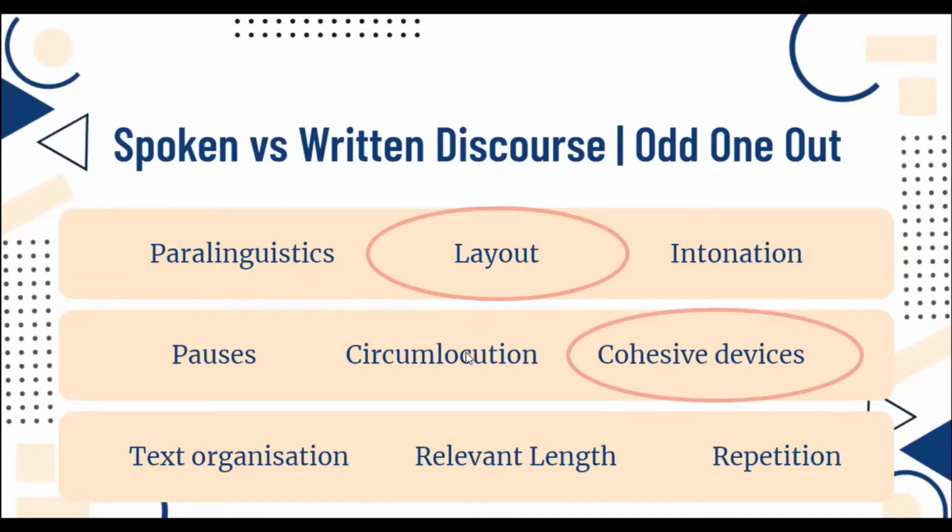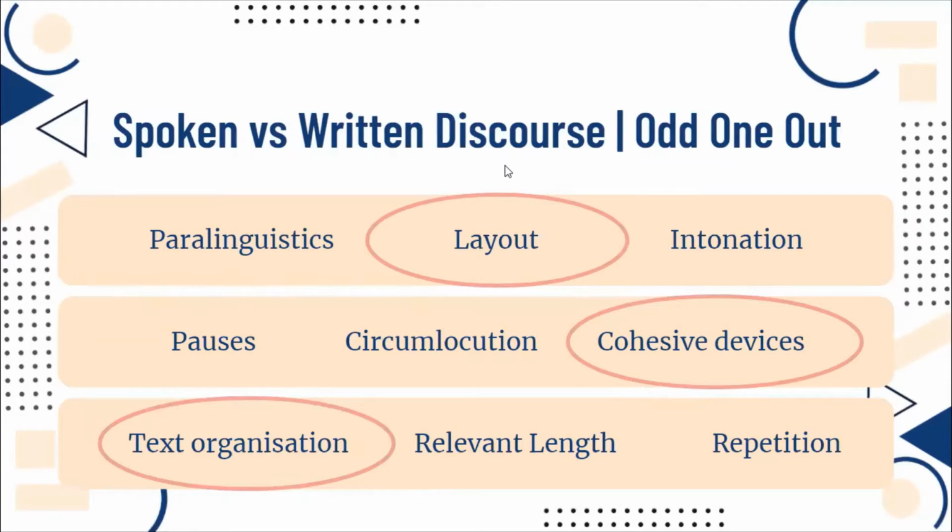For example, when it's an essay or an email, we try to focus on text organization. However, today we're focusing on the rest of all of these skills, which is precisely circumlocution, intonation, and relevant length.